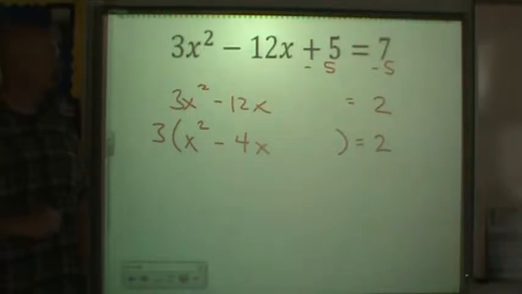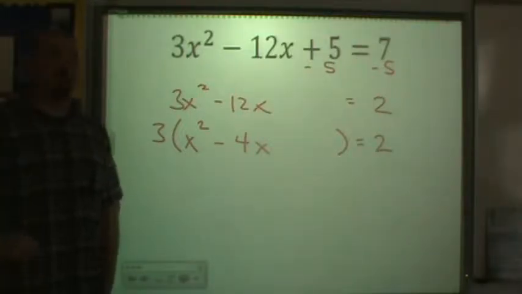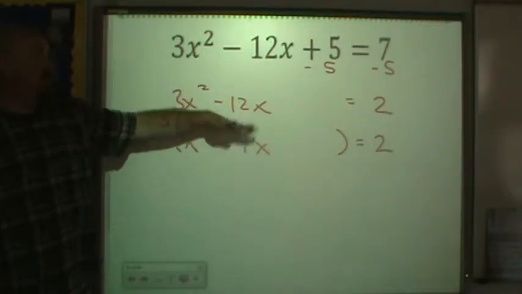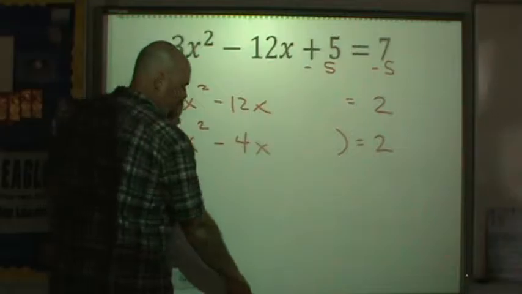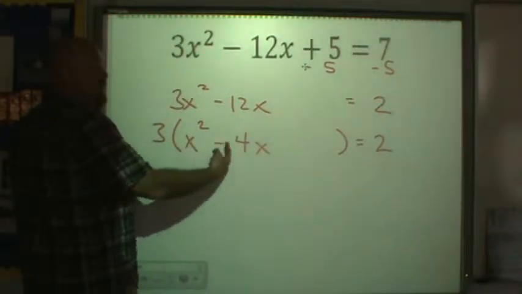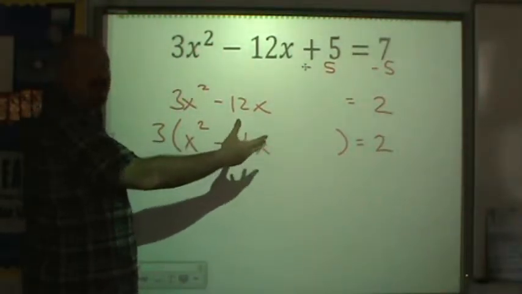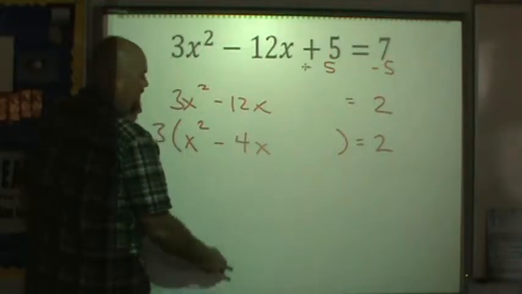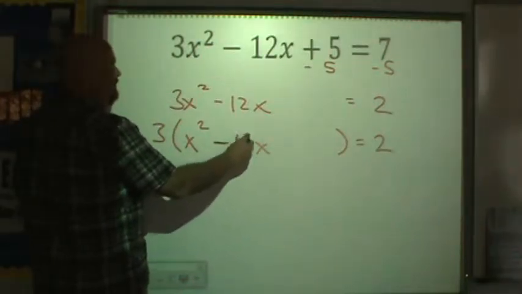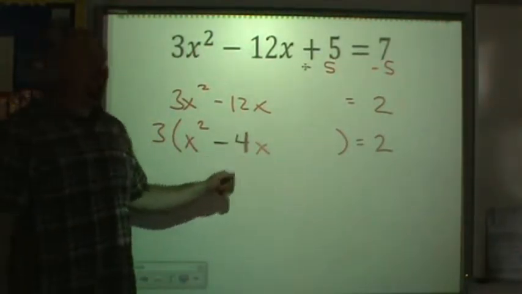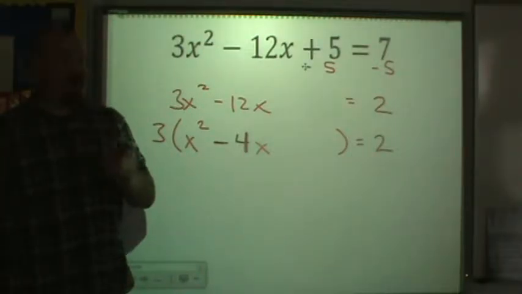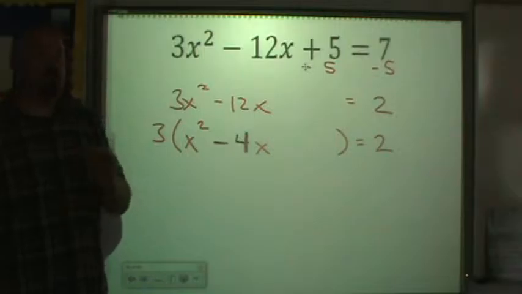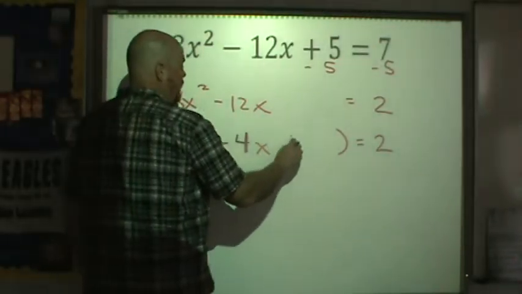Okay? Now I haven't introduced any new terms. I've just rewritten a couple of times now what this equation was saying. Okay? So after we have just x squared and this x term or non-squared term, we take half of this number, this negative 4. Half of negative 4 is negative 2, and negative 2 squared is positive 4.